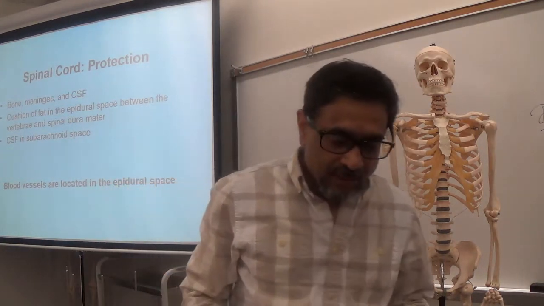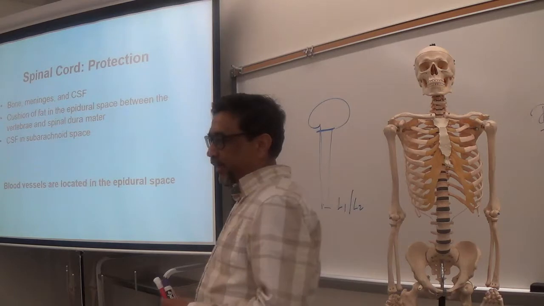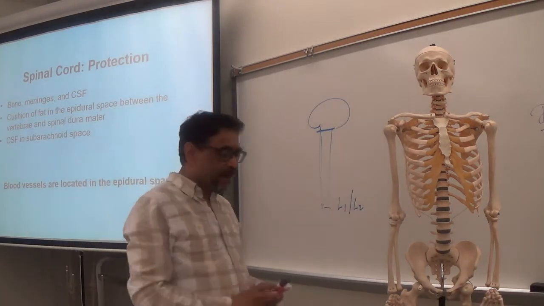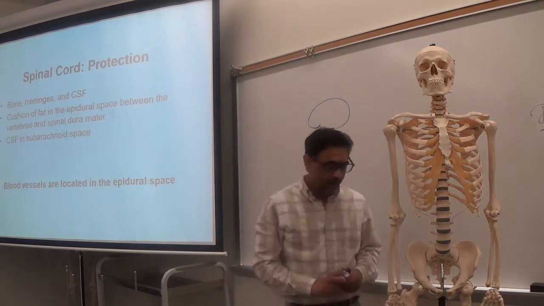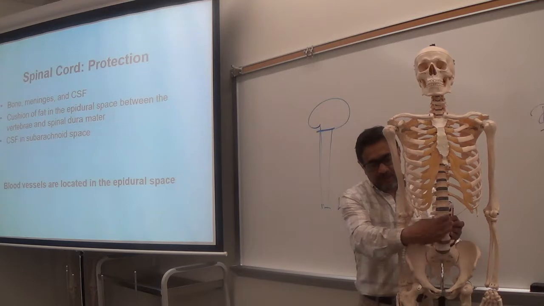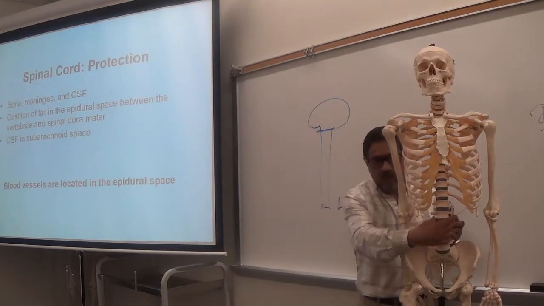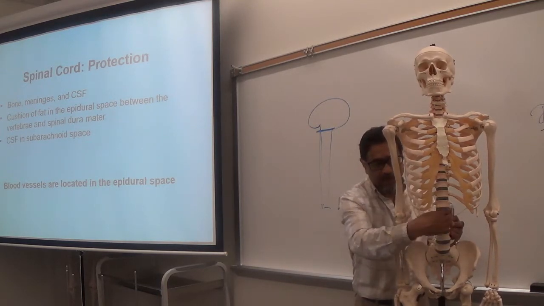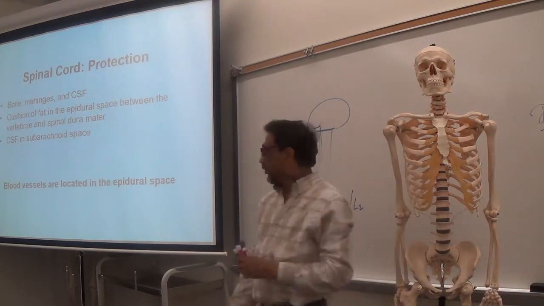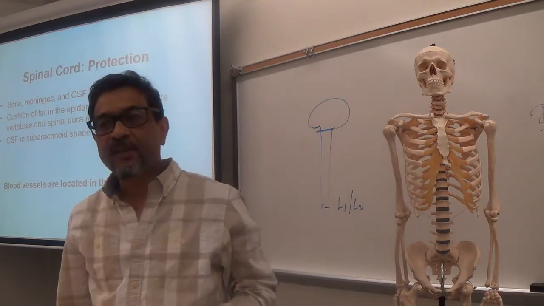Spinal cord is also a very important organ in your body. So it is heavily protected inside the body. You know that the spinal cord is located inside the spine or vertebral column. This is the vertebral column or spine, and the spinal cord is located inside this. Okay? So these vertebrae protect the spinal cord, right?